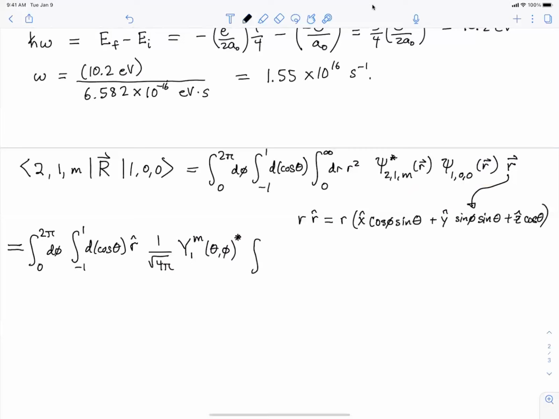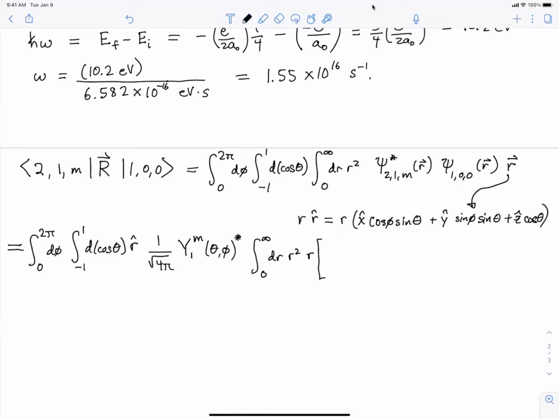Okay, and then what's left over in the integral is the integral 0 to infinity dr r squared. This r right here comes next. So there's another r. And then we have to look up what the radial wave function parts of these psi's are.